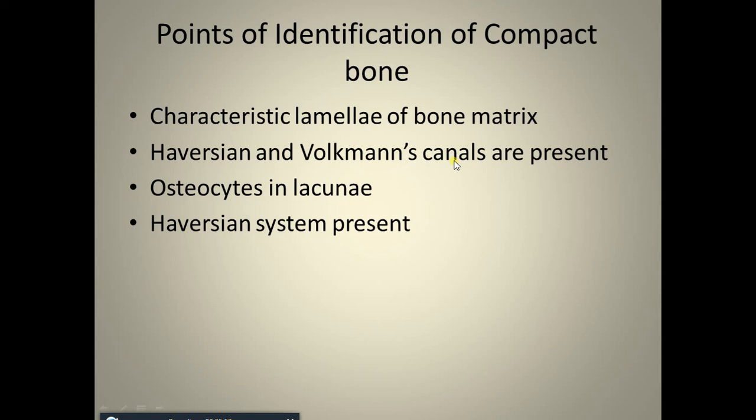Haversian and the Volkmann canals can be seen, and osteocytes are present in lacunae. तो आपके जो typical हैं concentric bony layers की arrangement है. Second इसमें Volkmann canals हैं. Third और Haversian canals हैं जो आपको rounded नजर आए थे. Osteocytes आपको खैर दोनों ही bony tissues में नजर आएंगे. Thank you.